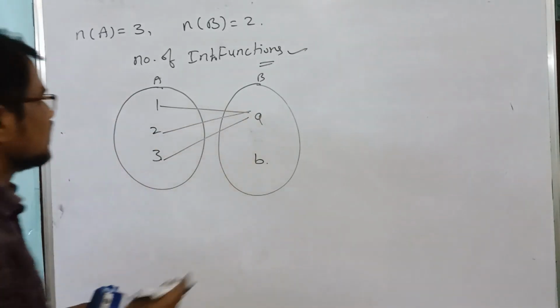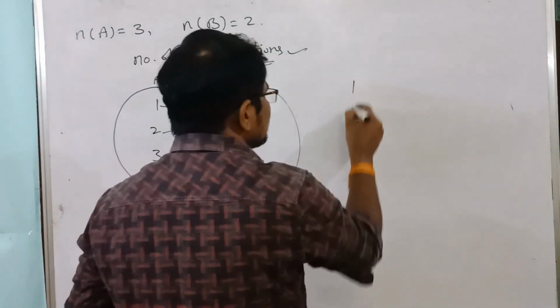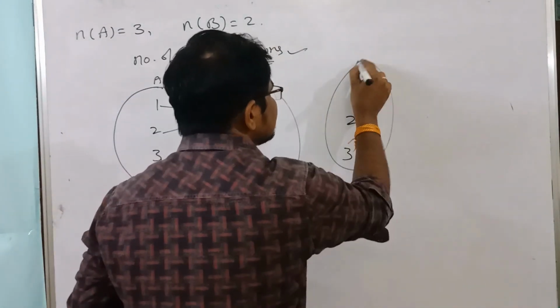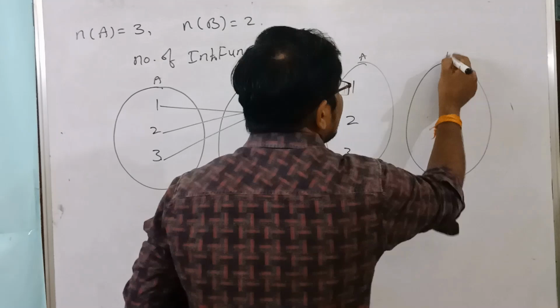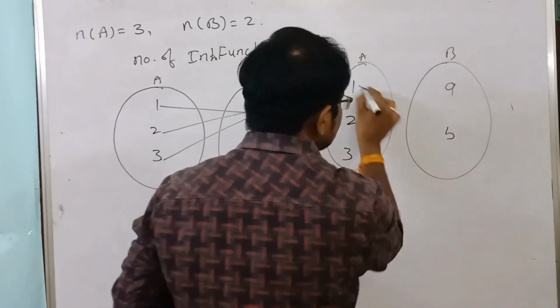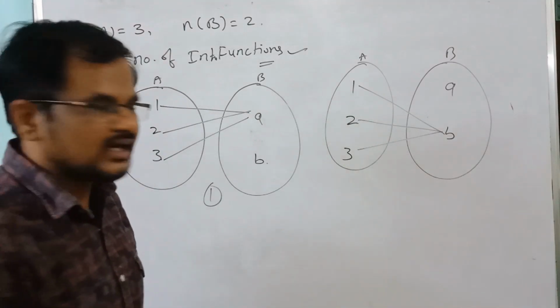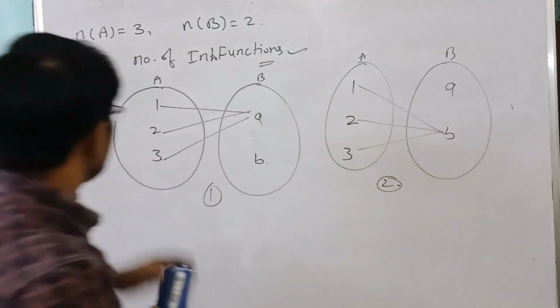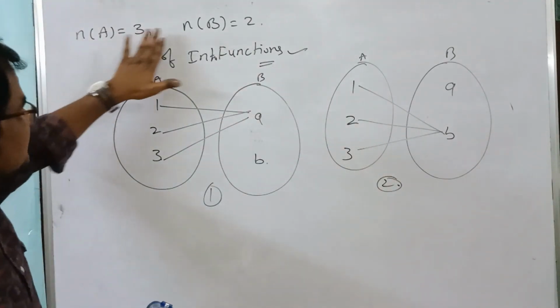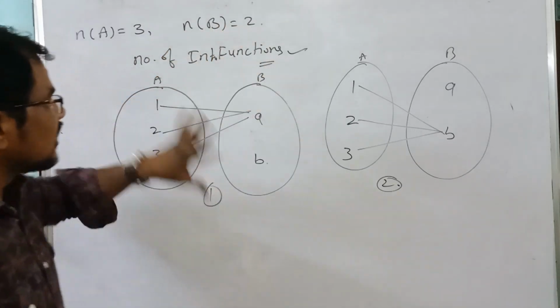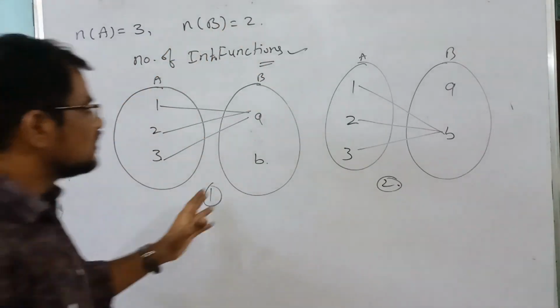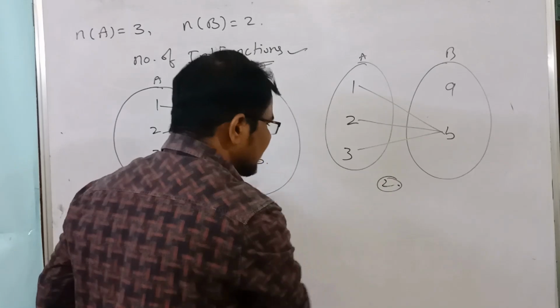Next, mapping like this, it is also an into function. So when n(A) = 3 and n(B) = 2, the number of into functions is 2.